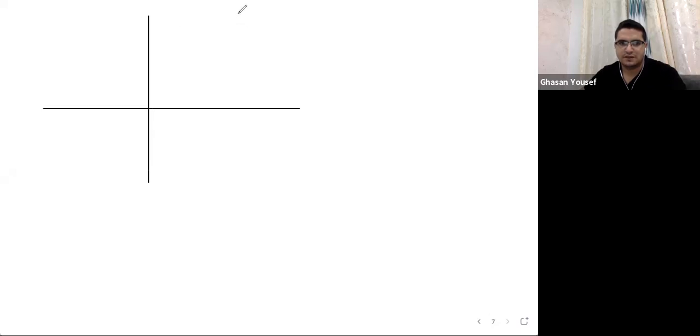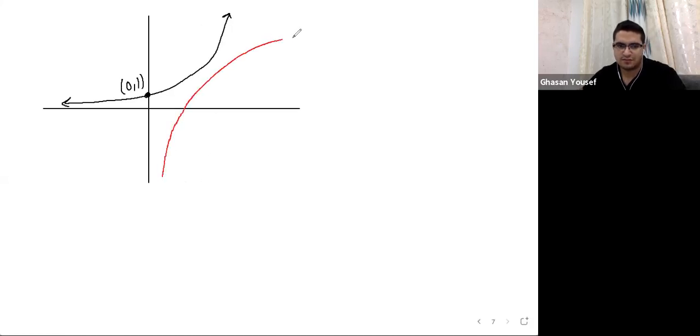This is the graph of the exponential function. It will not touch the x-axis, and it passes through the point 0, 1. And this is the graph of the logarithm function, which passes through the point 1, 0.